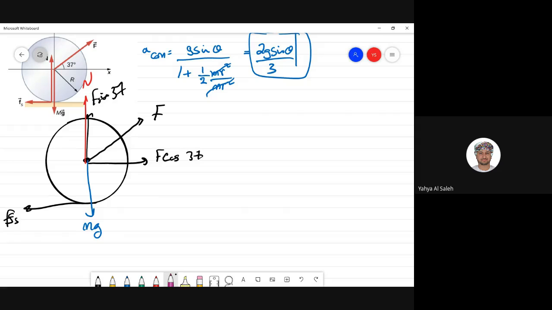The force equation along the y-axis is normal force plus F sine 37 must be equal to mg, because we don't want it to fly, we want it to roll. So I'll just rewrite it to be N equals mg minus F sine 37.